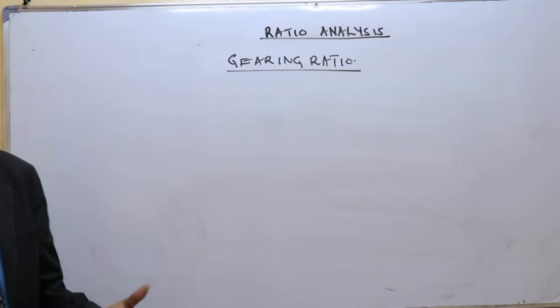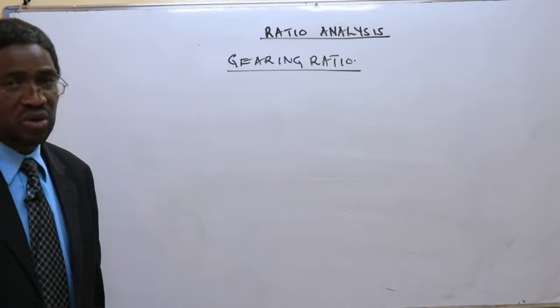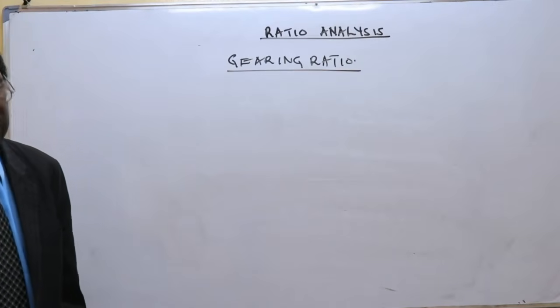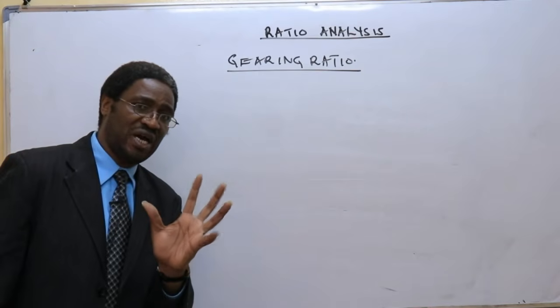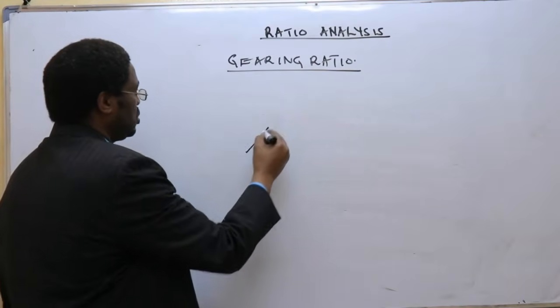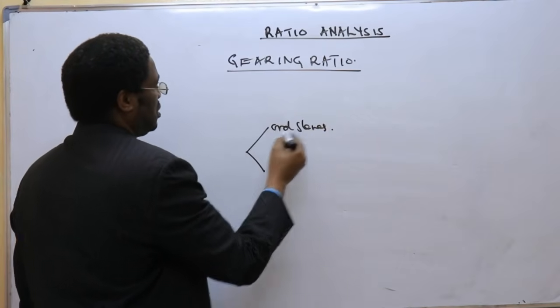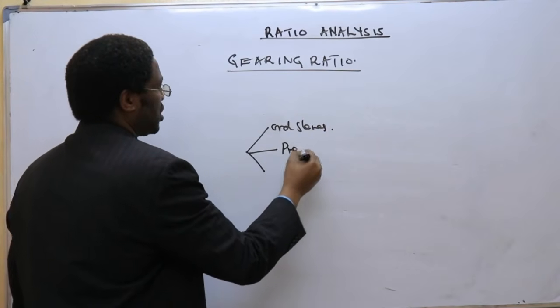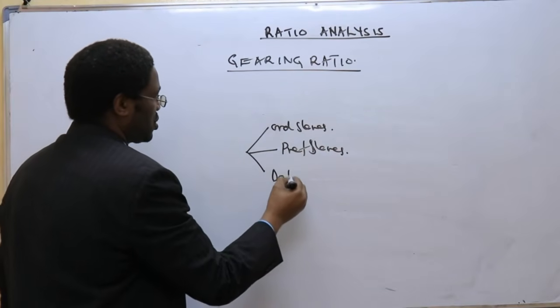So what is gearing? That's what we want to determine. Gearing, before I do that, first, let me ask you a question. When a company wants to raise capital, they can decide to issue ordinary shares. They can decide to issue preference shares. They can decide to issue debentures.